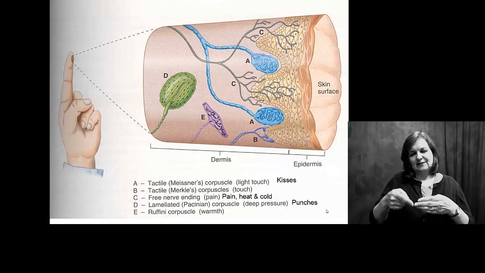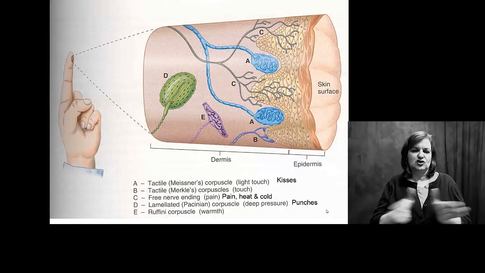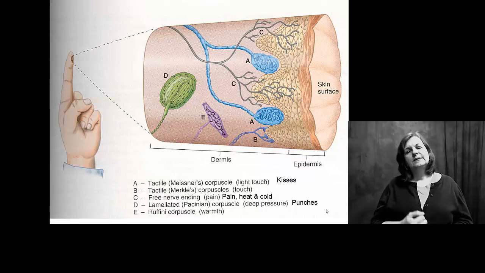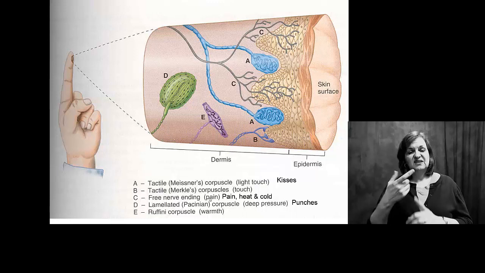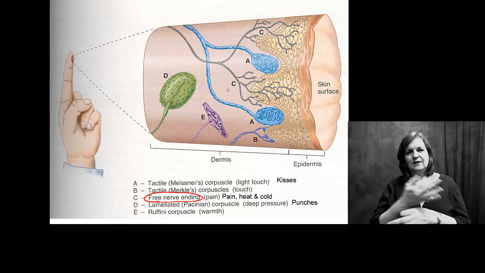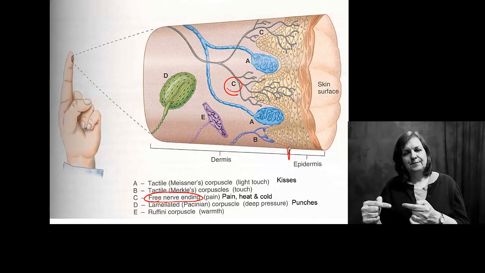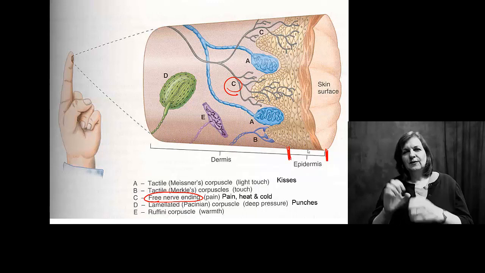Even though these are general or somatic senses, we do have different receptors that we look for. And so if we want to look for temperature, we look for these free nerve endings, or letter C here. These are going to be associated with heat and cold and some pain. And you see that they extend into the epidermal layer here.